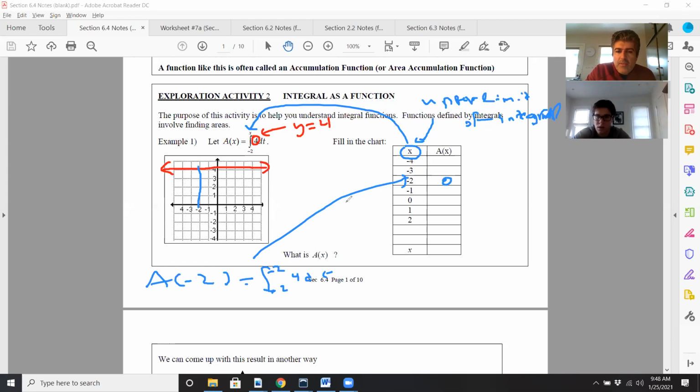Let's say I want to integrate from -2 to -1 now. Well, if I do that area, just use geometry. What's that area? That's just going to be 1 times 4, so that's going to be 4.